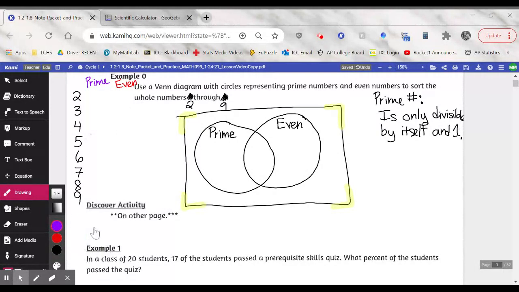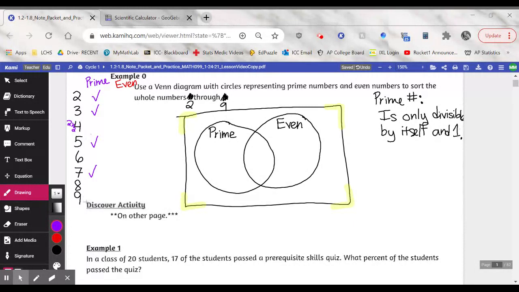So let's start with prime. In order for it to be prime, it can only be divisible by 1 and itself. So 2: only 2 times 1 gives us 2, so 2 is prime. 3: only 3 times 1 can give us 3. 4 is not prime because you could do 2 times 2. 5 is prime; only 1 times 5 will give you 5. 6 is not because you could do 2 times 3. 7 is. 8 is not, you could do 2 times 4.